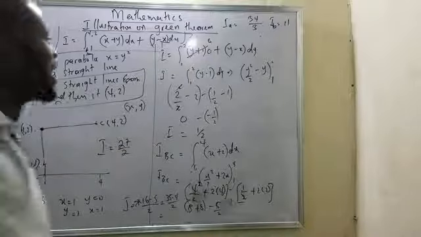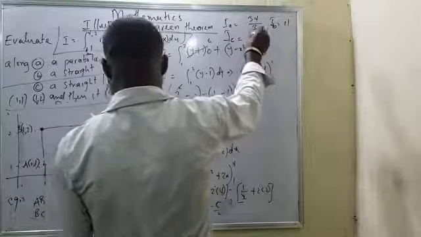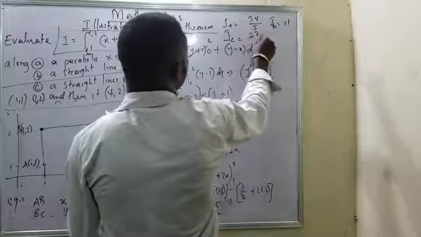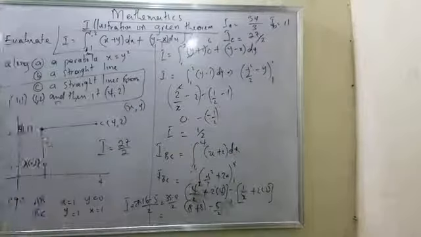Now it means my I of C is 27 all over 2. Now what I need has already been given.